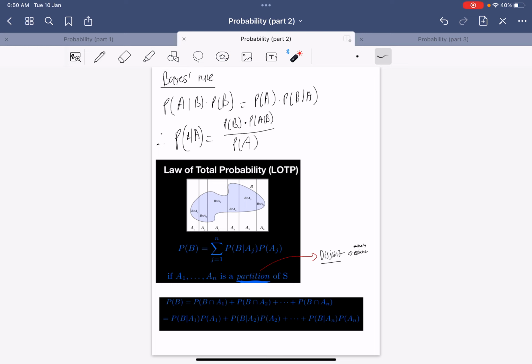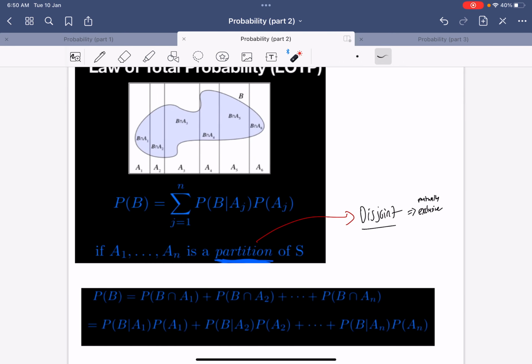And that is called the law of total probability. Intuitively, it makes sense because if you were to partition your sample space, which means that it's disjoint, which means that it's mutually exclusive, then the probability of an event occurring can be partitioned in the same way.